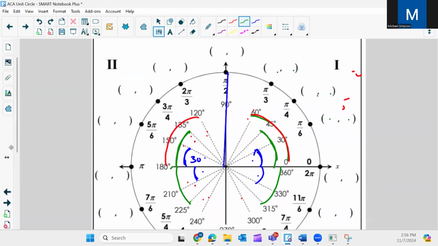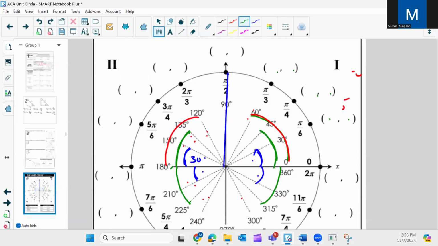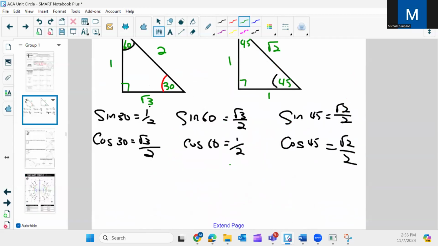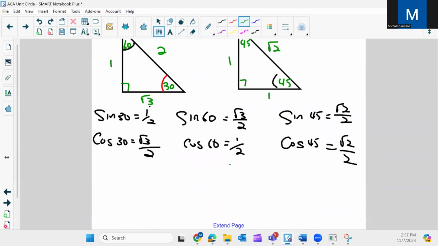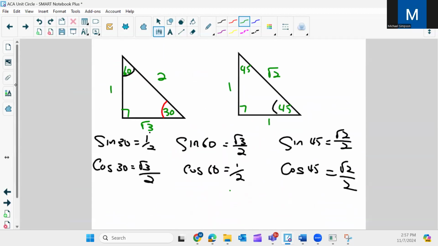I hope you guys understand that. From the 30, 60, 90 degree triangle, we find the sine and cosine. And from the 45 triangle, we also find the sine and cosine.